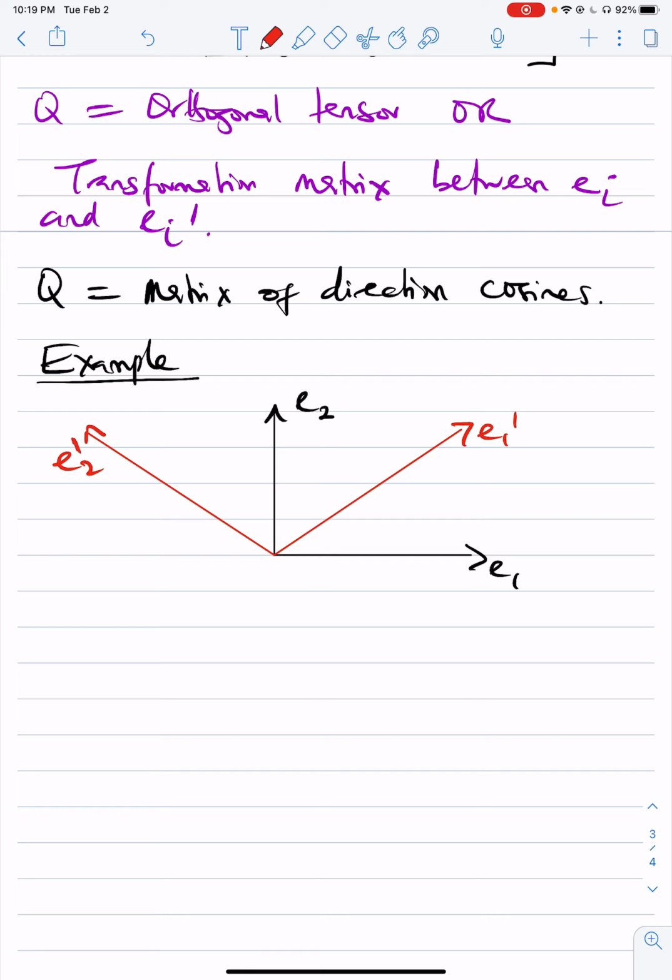The third one, we are rotating about the third axis, E3. So here is 30 degrees, here is 30 degrees. There's supposed to be a third one.